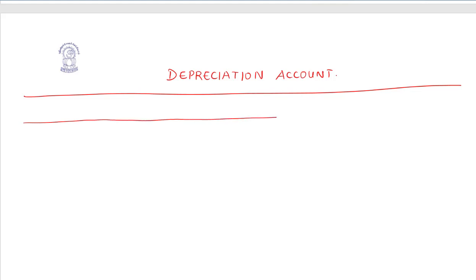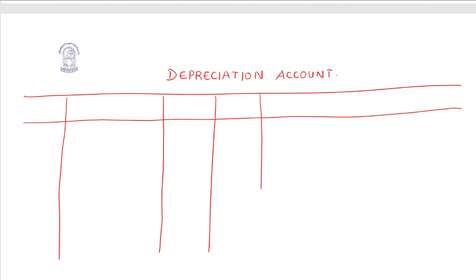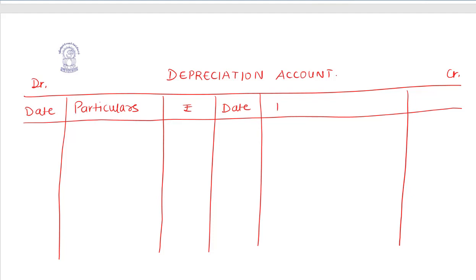Date, particulars, amount. Debit, credit. Date, particulars, amount. Date, particulars, amount.